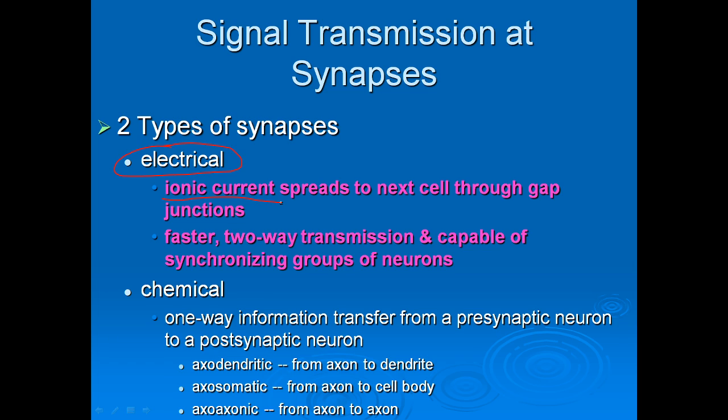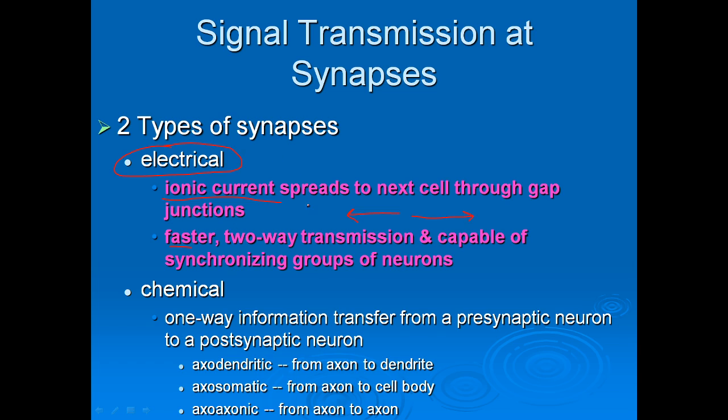Ionic current spreads to the next cell through gap junctions, these specialized ion transporters in the plasma membrane. These are really fast and they allow for two-way transmission. So in an electrical synapse, we can have information, action potentials, moving both directions.